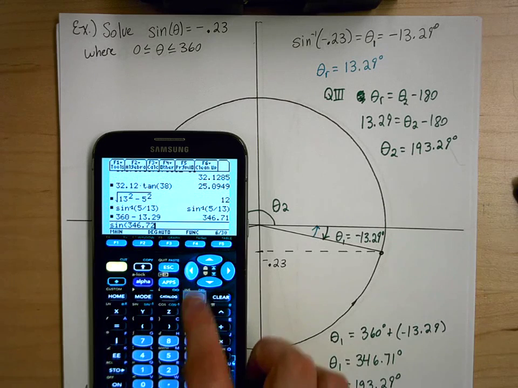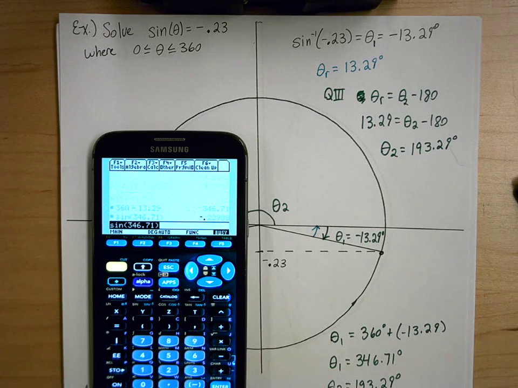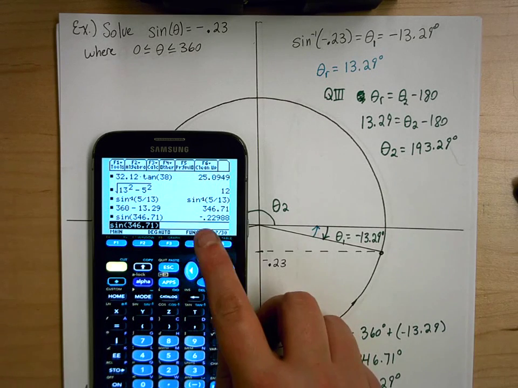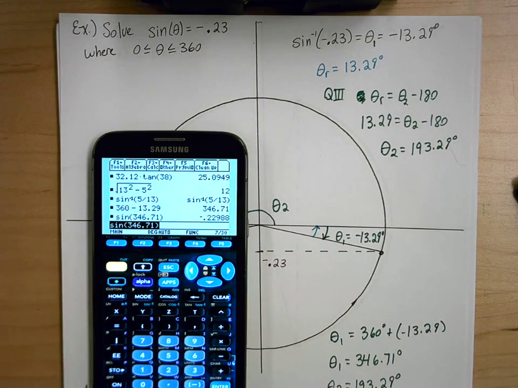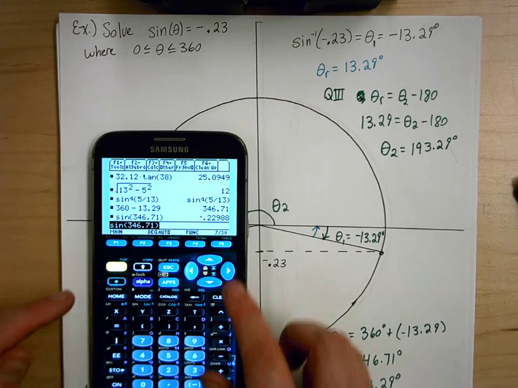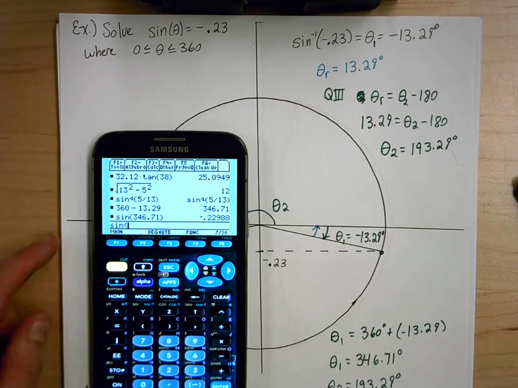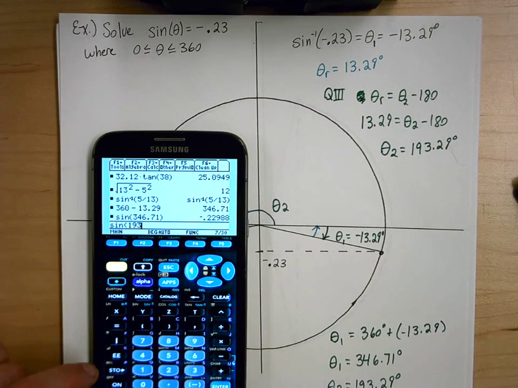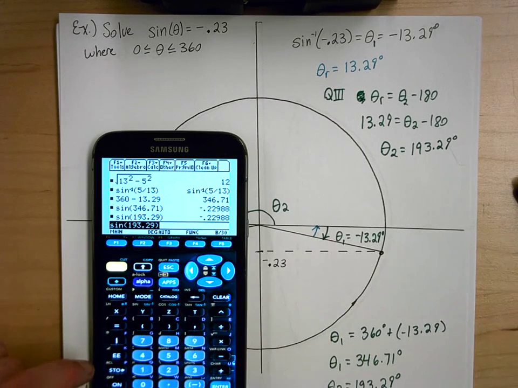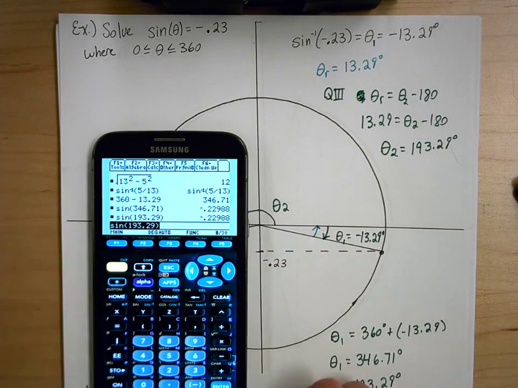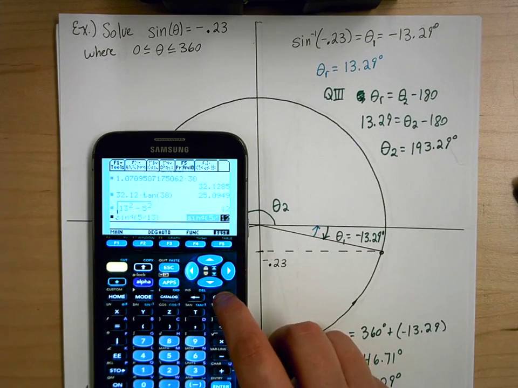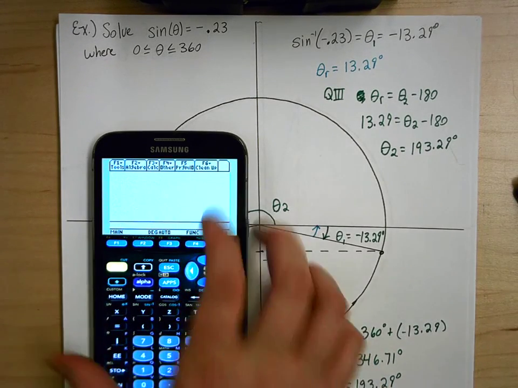Oops, 71. Okay, and that gives me negative 0.22988. If I round that, that's about negative 0.23, so that's good. All right, and now let's do 193.29. Also good, perfect. Great, now let's do a couple examples with cosine.